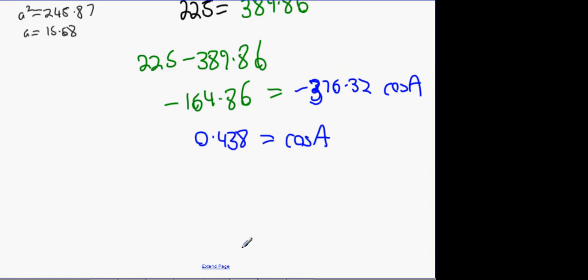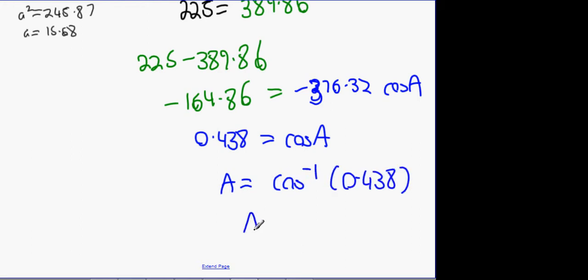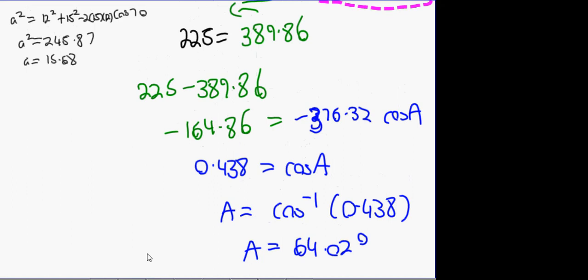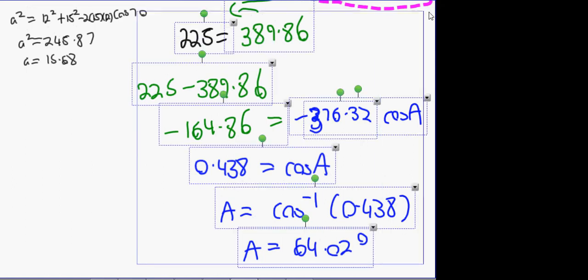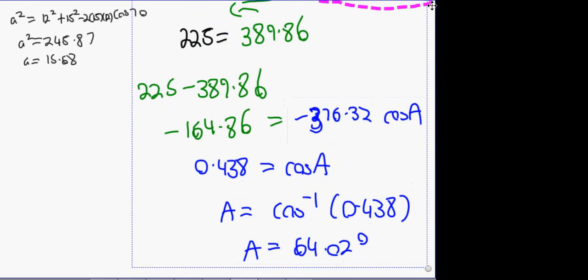Cos inverse. A equals, what's cos inverse 0.438? 64.02 degrees, okay? So that's pretty much the other way. They're the two types of cosine rule you need to be able to do in this exercise.